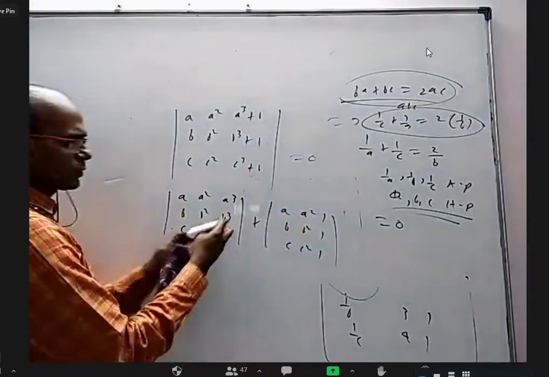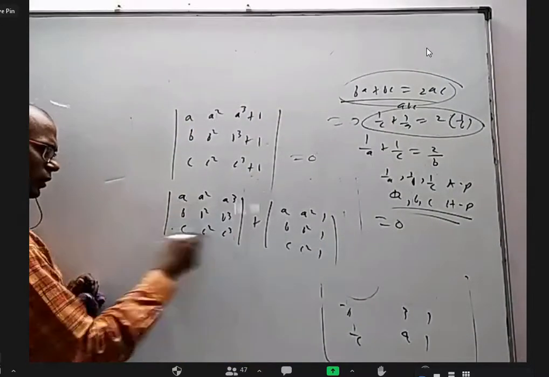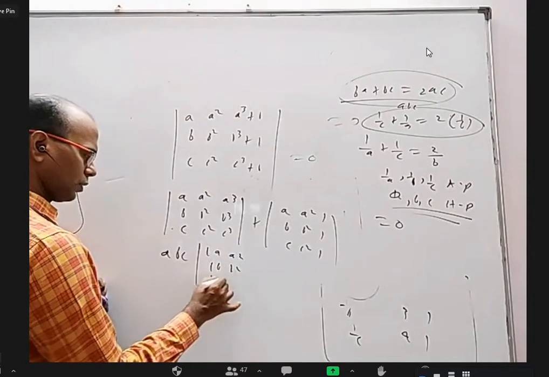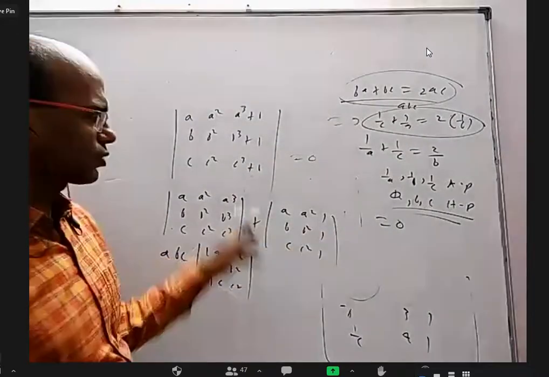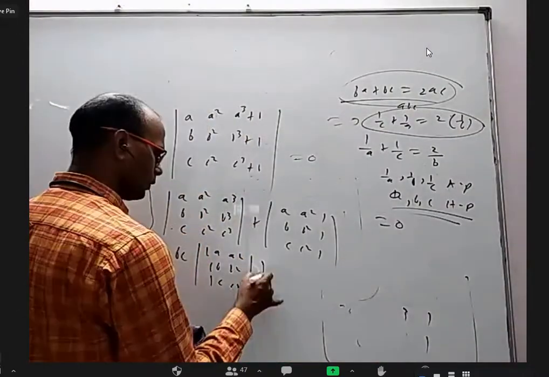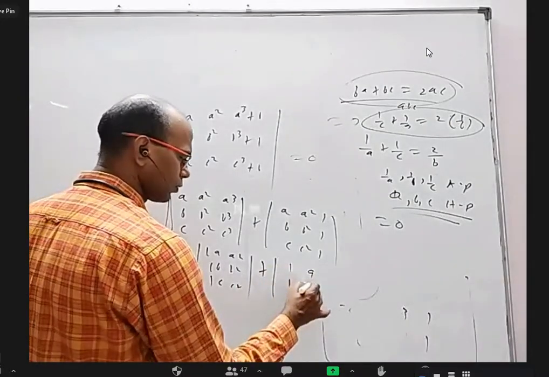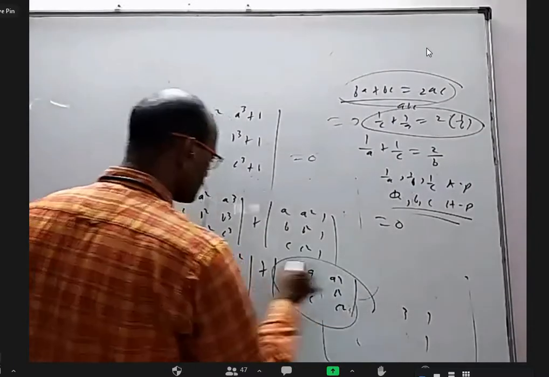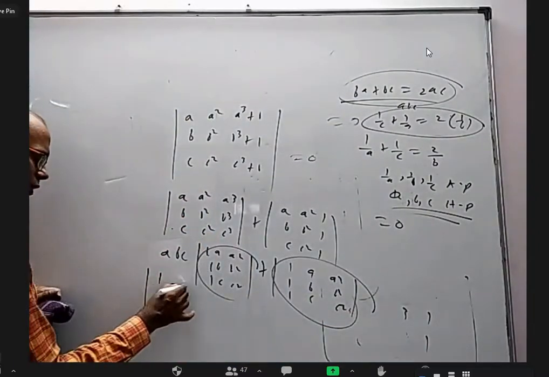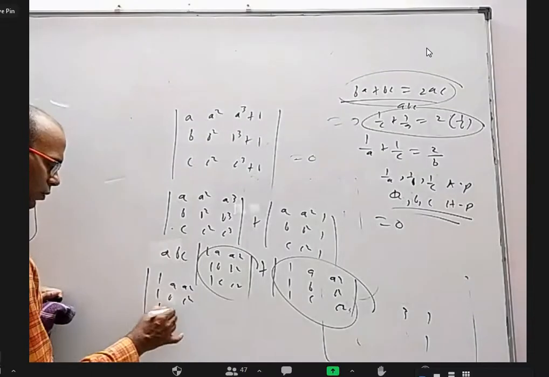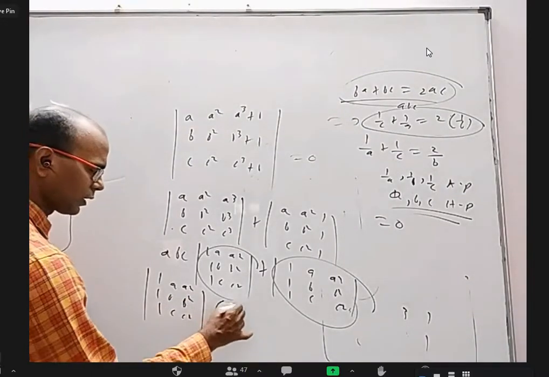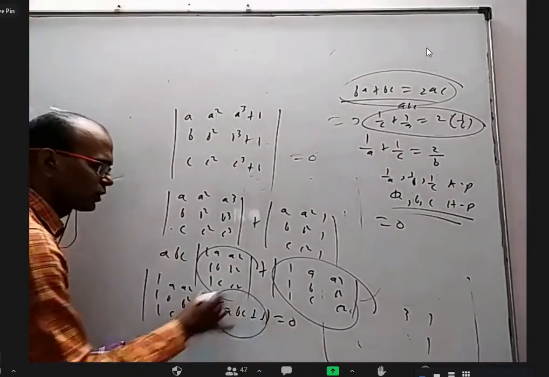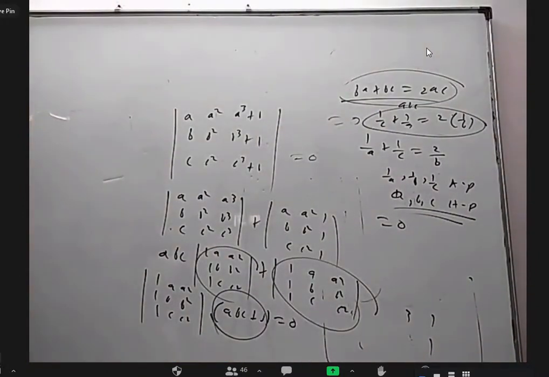All the coefficients, then split into two things. You can take A common, B common, C common, you will get ABC. You will get 1, A, A square; 1, B, B square; 1, C, C square. Here, if I do cyclic order, the same thing will come. For the last column, first column becomes second column, second column becomes third column. Now this and this are the same, take common, you will get 1, A, A square; 1, B, B square; 1, C, C square into ABC plus 1 equal to 0. This can't be 0, so this should be 0. I think ABC equal to minus 1 is the answer.